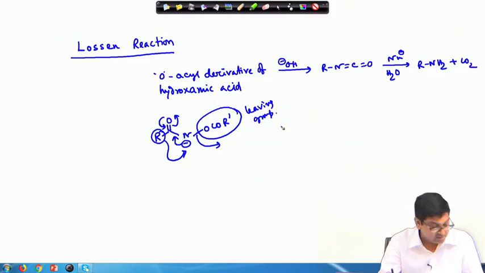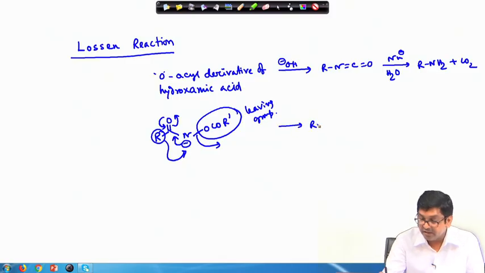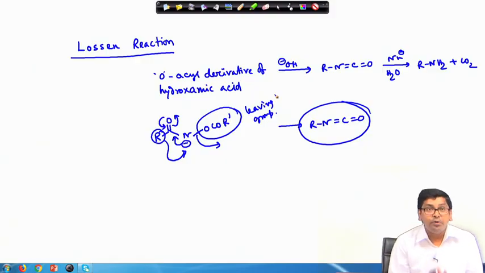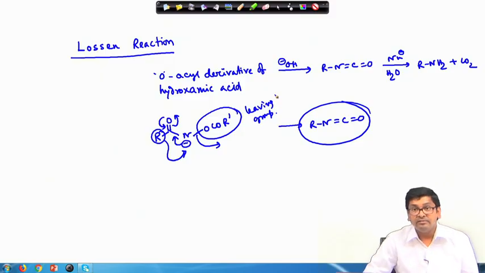Okay. And what will it generate from here? It will generate this isocyanate derivative. Fine. So, whatever we have seen, this Curtius, Hofmann and Lossen, they are basically the basic mechanisms where this 1-2 migration is very important, as it happens in case of the Wolff rearrangement in carbene.